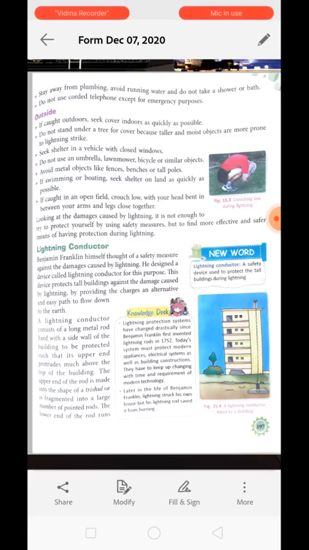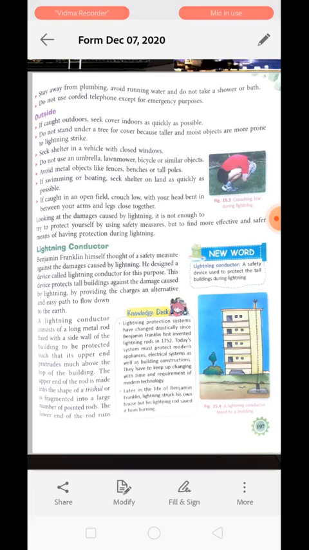Now if you are outside, what should you do? If caught outdoors, seek cover indoors as quickly as possible. Come inside the house and take shelter under the roof. Next, if you are not able to do this, do not stand near a tree.